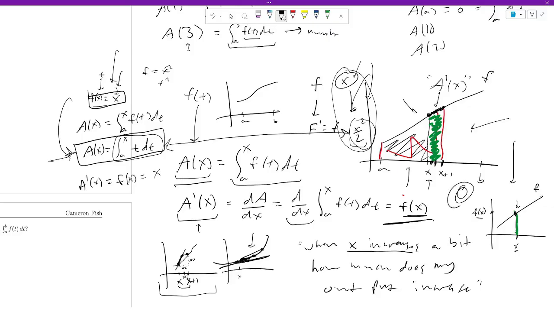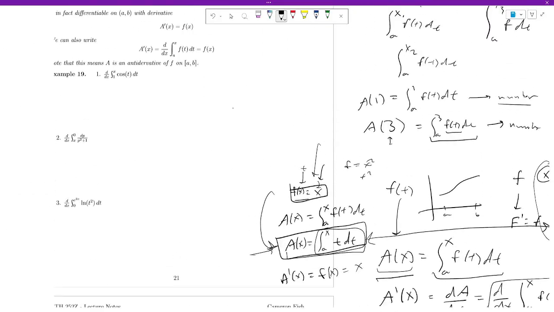This is really just a sketch of why it might be true, just to give you a feeling like you could maybe have discovered it yourself. But our plan is basically going to be using this A of x thing and the fact that its derivative is actually this f that you started with. So I'm going to scroll back over, summarize some of this stuff, and look at some examples.